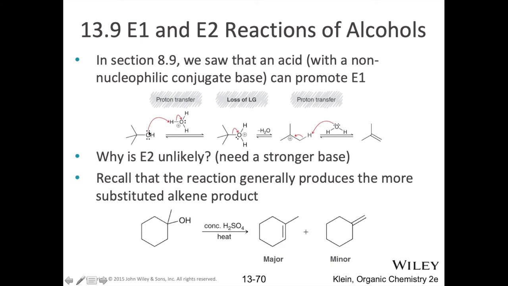If you have a strong acid and a strong base, they'd probably just react with each other instead of with your alcohol. So typically, you'd prefer to have this react with your acid, form your carbocation, and then a weak base would be sufficient to convert this into the corresponding alkene. Okay, instead of having a stronger base which initiates the reaction, which again wouldn't be likely because this is not a very good leaving group.